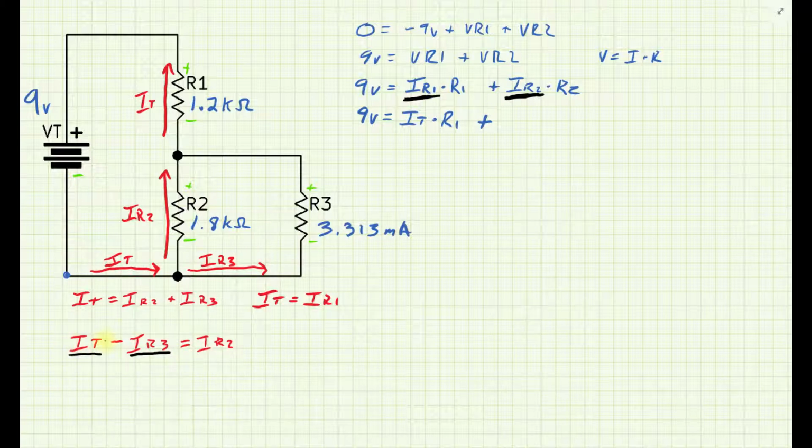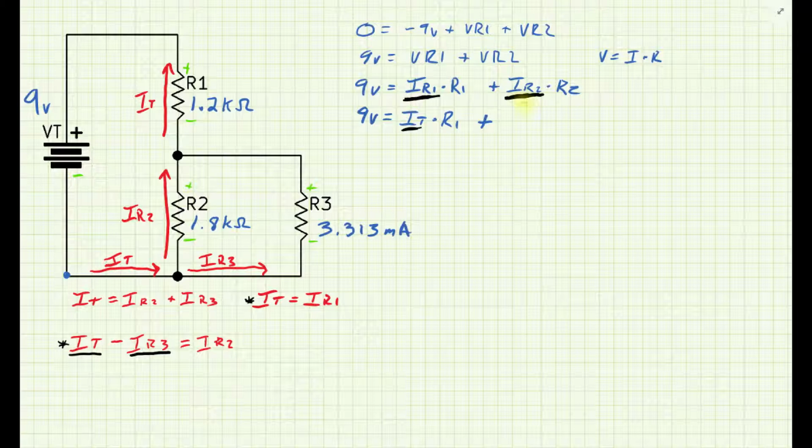And the key here is that I've already identified this as going into IR1, and so IR1 and IT are equal. I know I'm going to have to solve for IT, and in these terms where IR2 equals IT minus IR3, I've got a known and then an unknown, but it's the same unknown that I've already got. So by substituting it, I will end up with just one unknown in my equation.